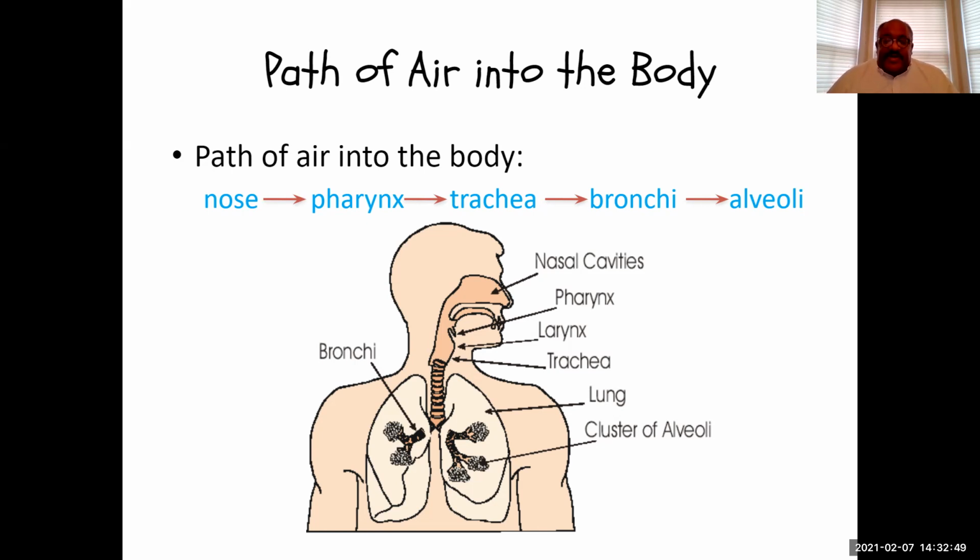Now, one of the interesting things, the way to look at an alveolus, the little microscopic air sacs, is to look at it like a balloon, because that's basically what it is, filled up with air. One of the interesting parts, though, is if the balloon gets moisture in it, it'll collapse on itself.